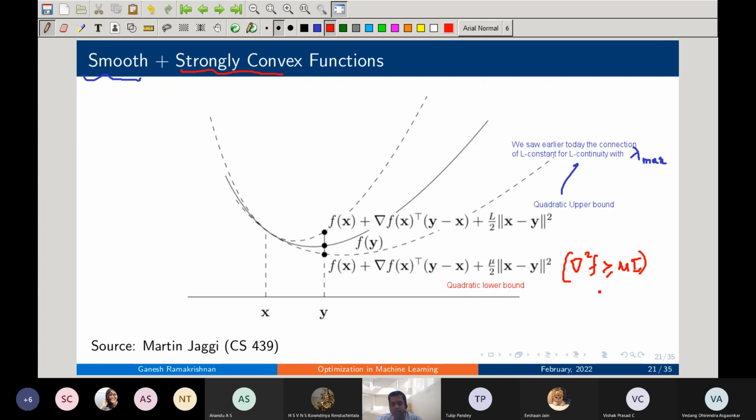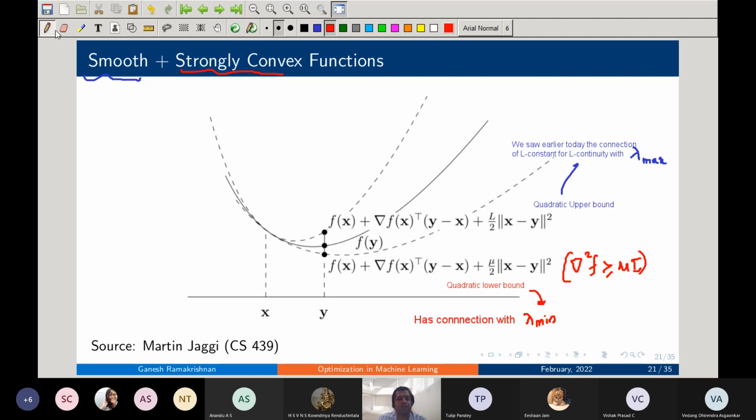Hessian greater than or equal to mu I is what the quadratic lower bound is talking about. Okay, and it turns out that this has a connection with lambda min of the matrix we talked about earlier today.